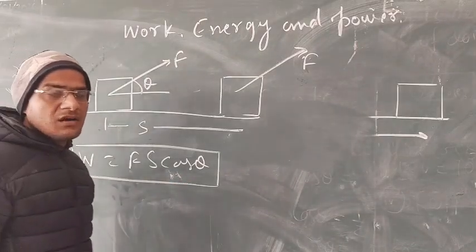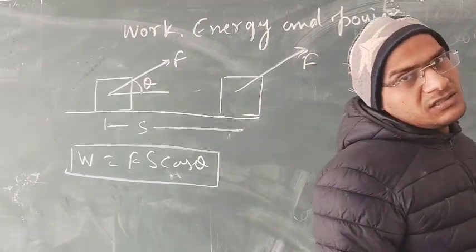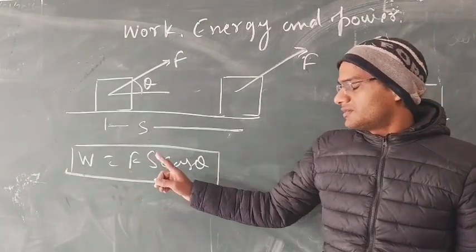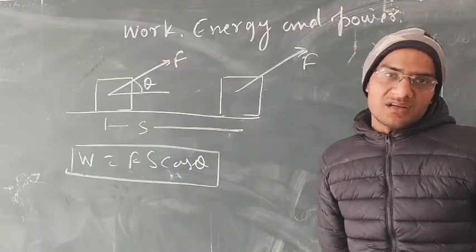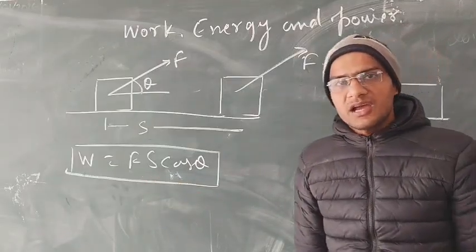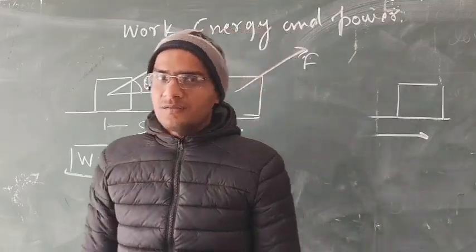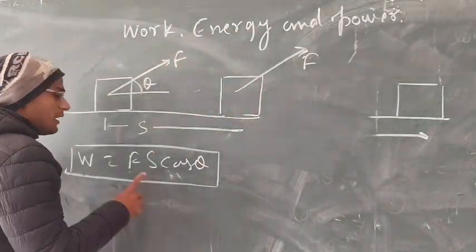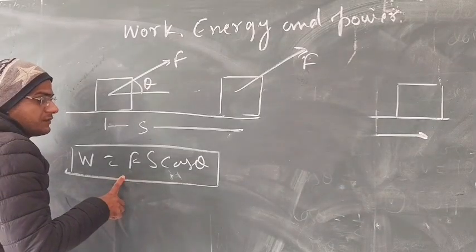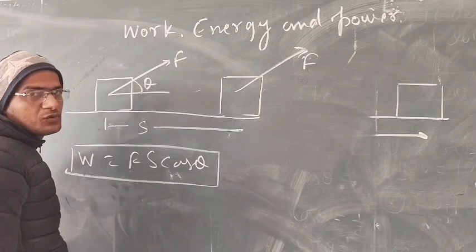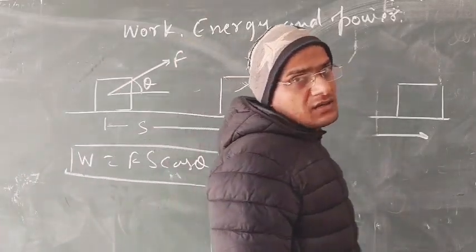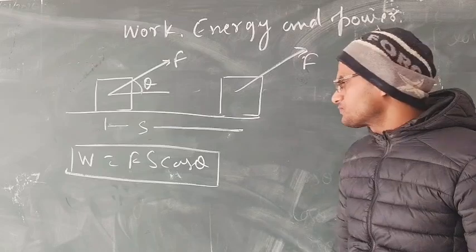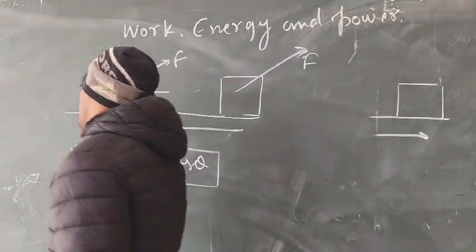Cos theta is positive if theta lies between 0 and 90 degrees. If the angle between force and displacement is greater than 90 degrees but less than 180 degrees, then the work done will be negative.